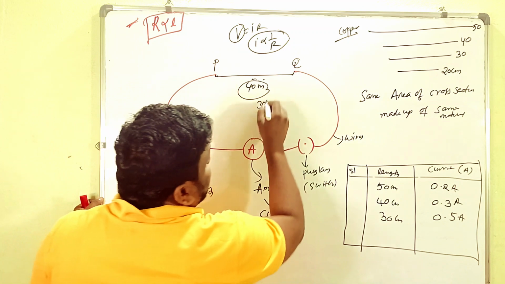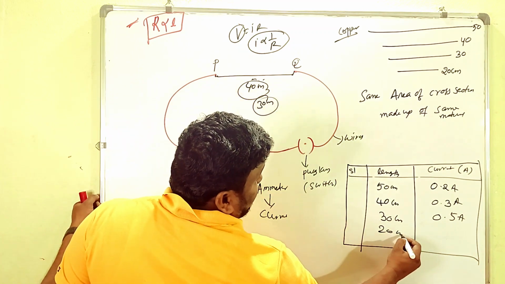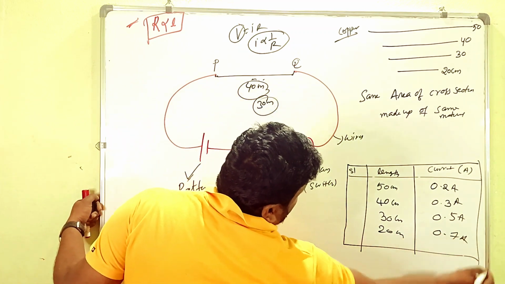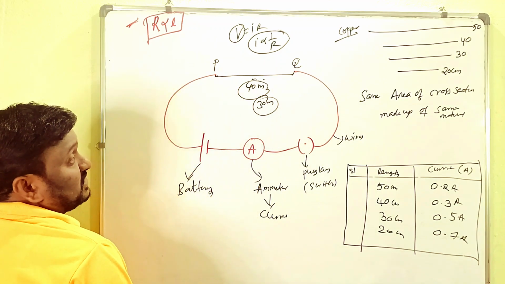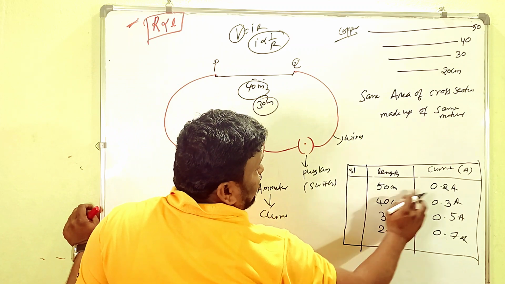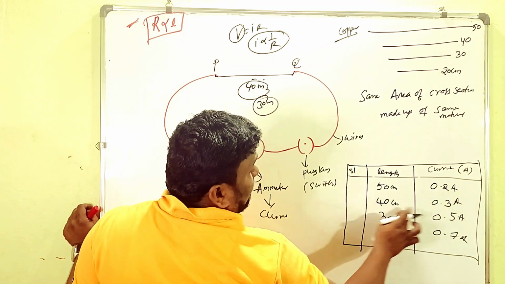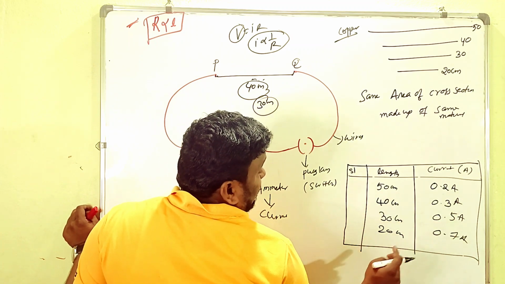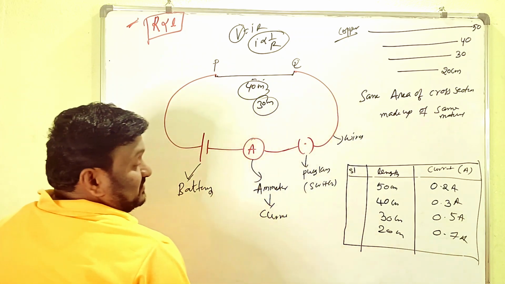Next, the same with 20 centimeters, and we read 0.7 amperes. So the readings are: for 50 centimeters 0.2 amperes, for 40 0.3, for 30 0.5, for 20 0.7.